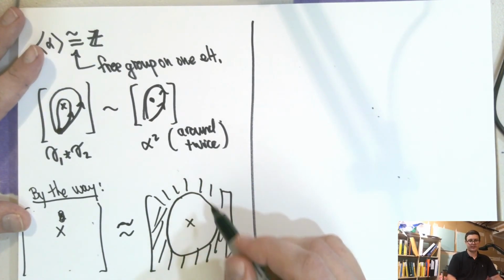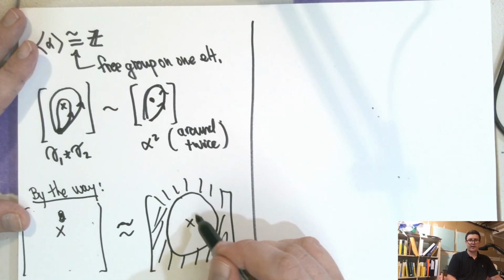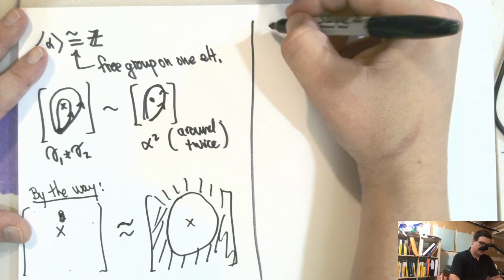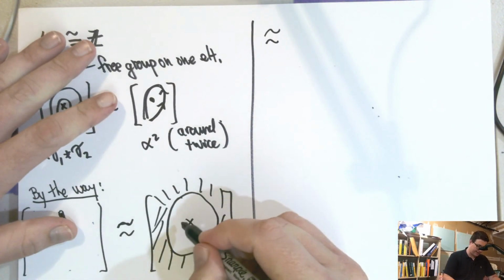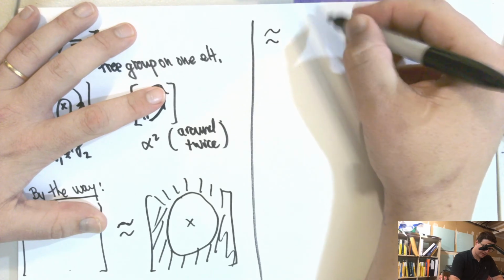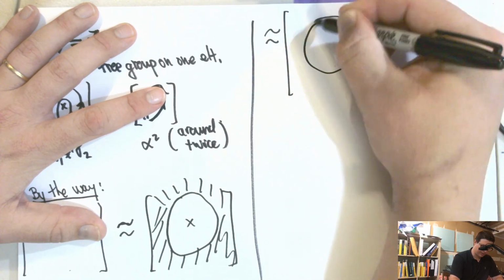So now this is just a ball minus a point. And if I can fatten this up, now I'm looking at all the things that I can deform. So now I have this ball, and then I have this ball.